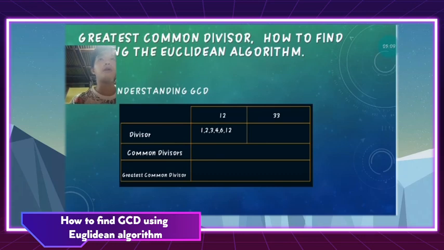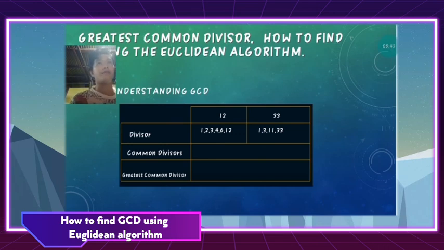So 12 has 6 divisors. And what are all the divisors of the number 33? The number 33 has the divisors 1, 3, 11, and 33. When 33 is divided by these numbers, we get the remainder 0.